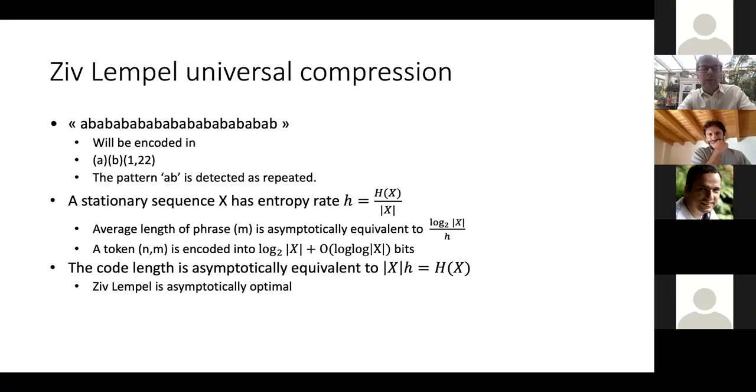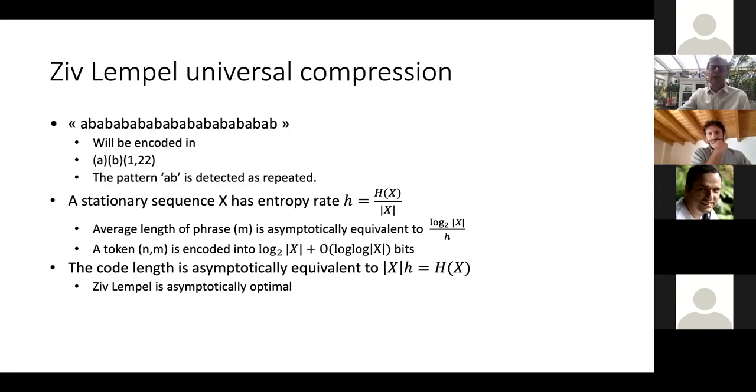It is a position inside the text, so it is log n, and the length of the phrase. In fact, the length of the phrase, since it is of a size equal to log n, gives the code length asymptotically equivalent to the length of x times h. So it is asymptotically equivalent to the entropy of x. In fact, it is entropy of x plus something.